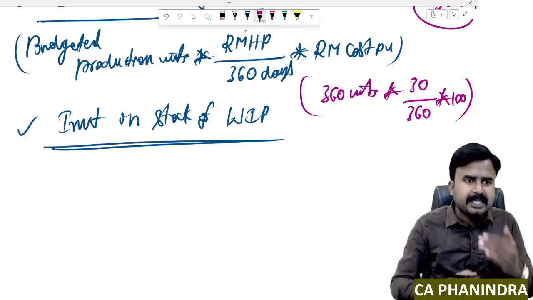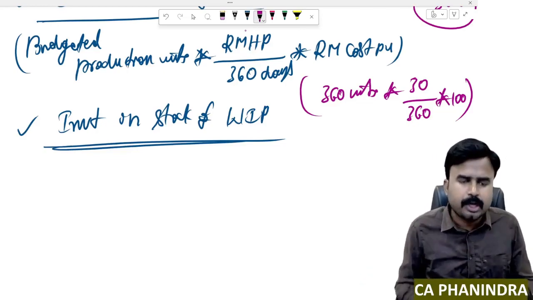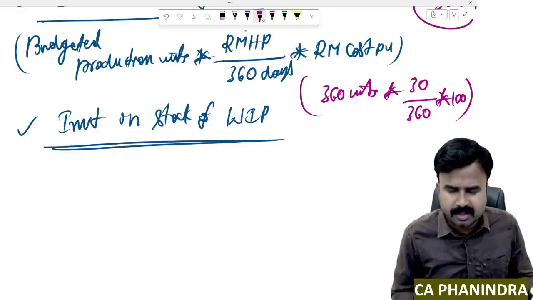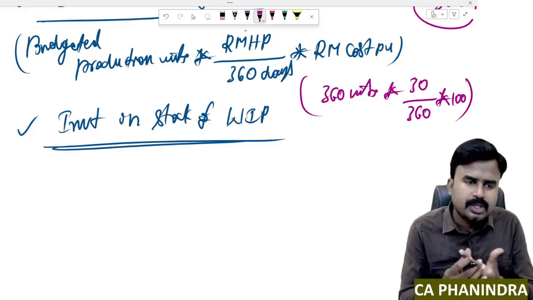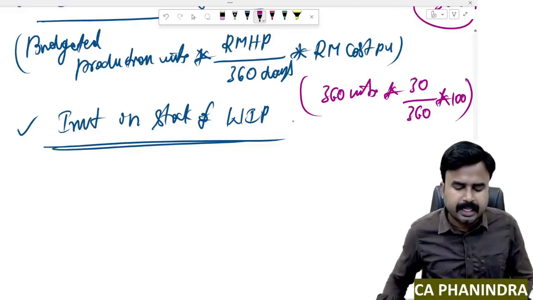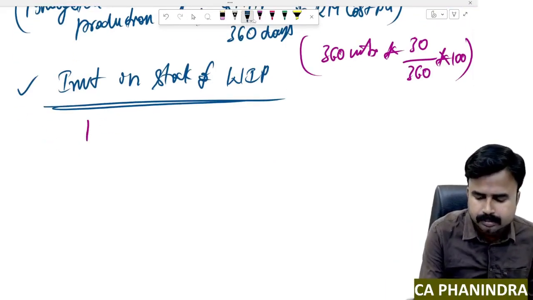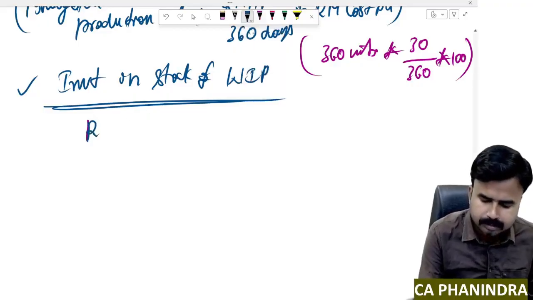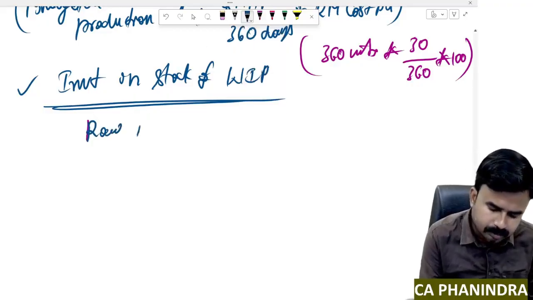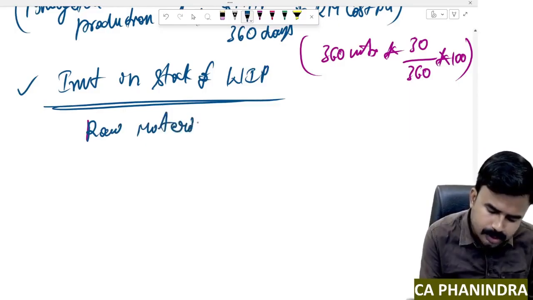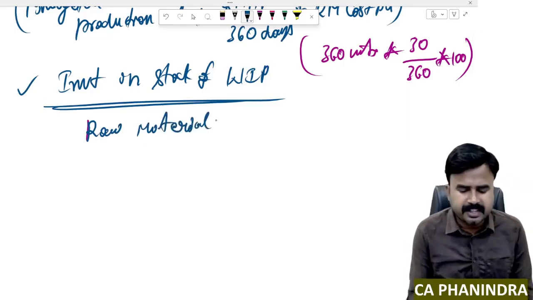You have to bifurcate such cost components, which are loaded in your work in progress investment. So I have to write raw material cost, labor cost, overhead cost. Let me write the components. First of all, the raw material cost. Here is the first component.